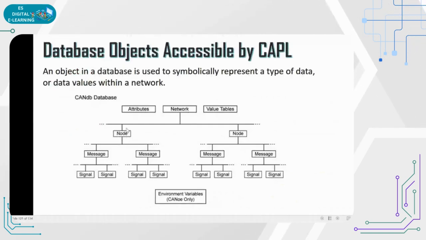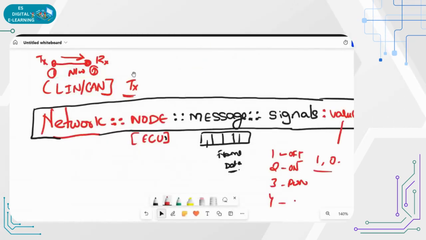For each node, it has different messages, and for each message, it has different signals. That is how the database will be created for CAN. Similarly, for any protocol, it will be like this only, whether wired or wireless. It will follow the format of signals or values. Whatever values we assign, there should be a signal.